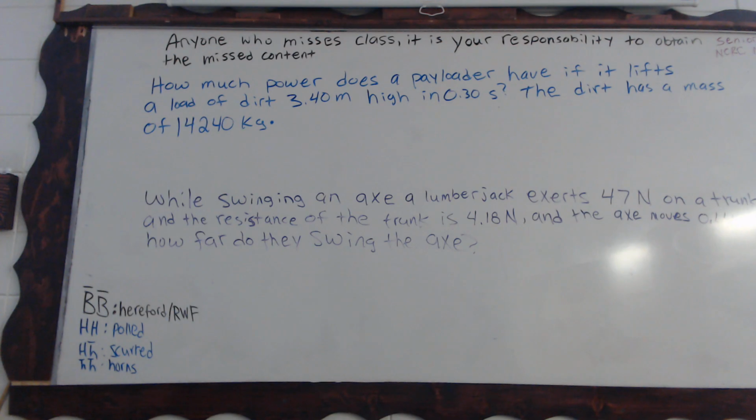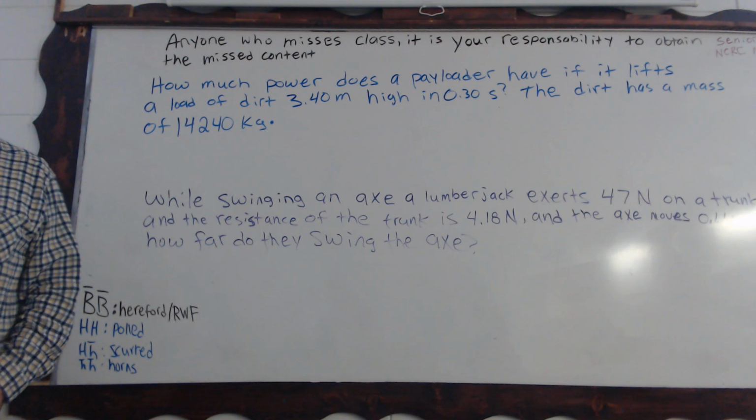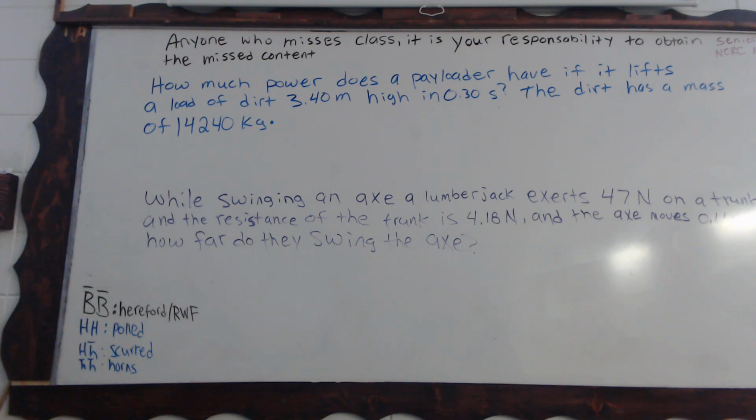So how much power does a payloader have if it lifts a load of dirt 3.4 meters, and I don't know how high that would be. Of course, I think into the dump truck would probably be every bit of 9 feet, okay?